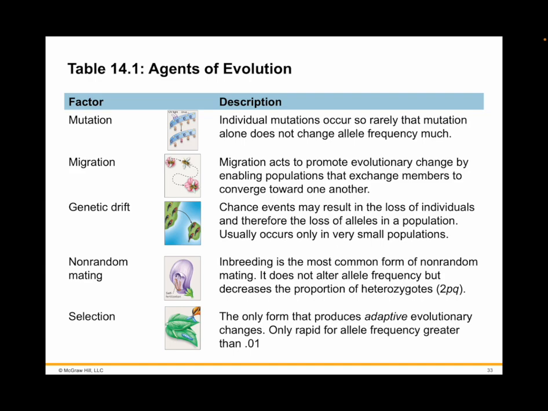As a result, inbred populations contain more homozygous individuals than predicted by the Hardy-Weinberg rule. This is why populations of self-fertilizing plants contain so many more homozygous individuals than outcrossing, or cross-pollinating, plants, which have a higher proportion of heterozygous individuals. Non-random mating alters genotype frequencies, but not allele frequencies. The alleles are just distributed differently among the offspring.